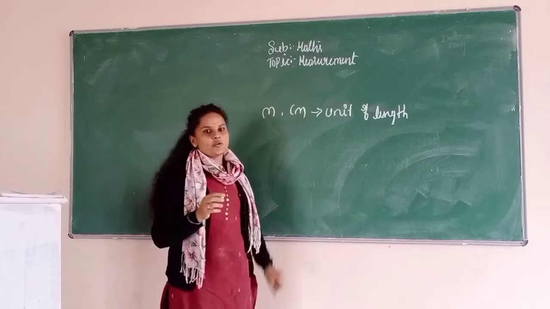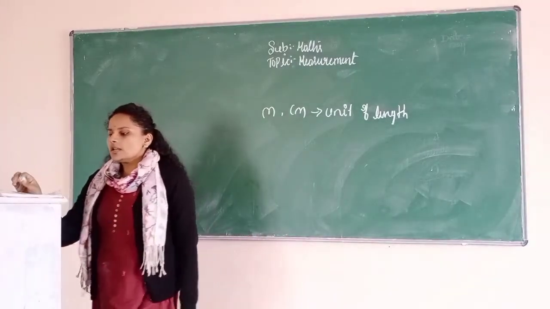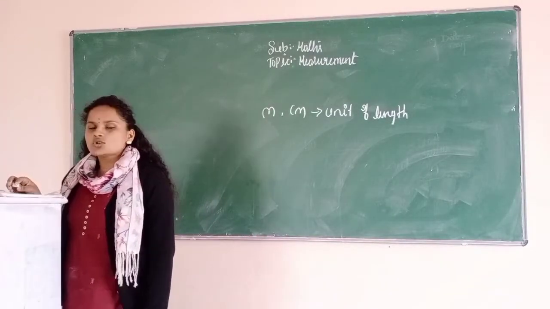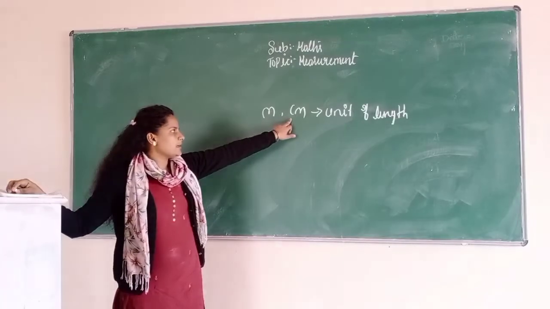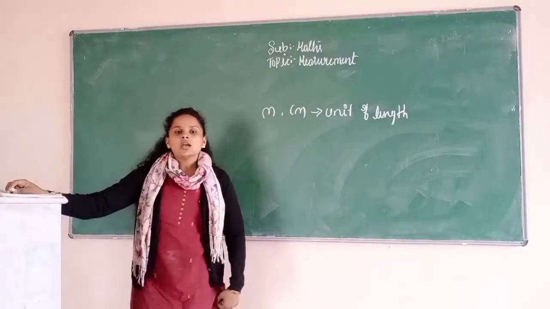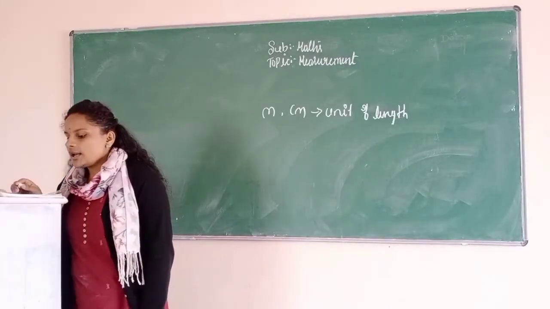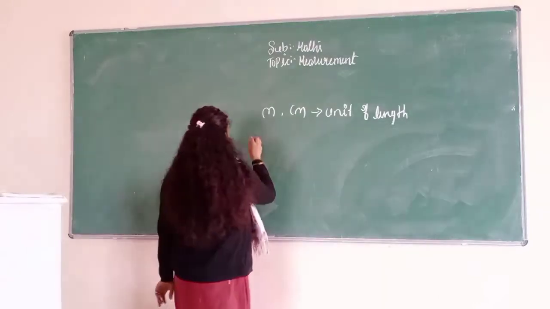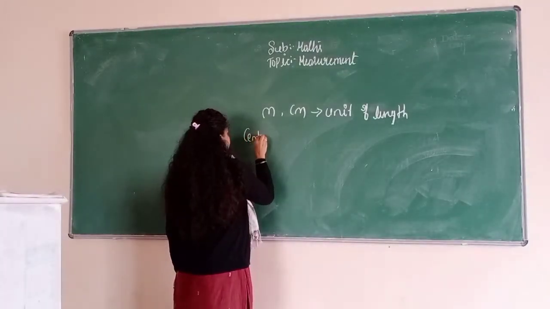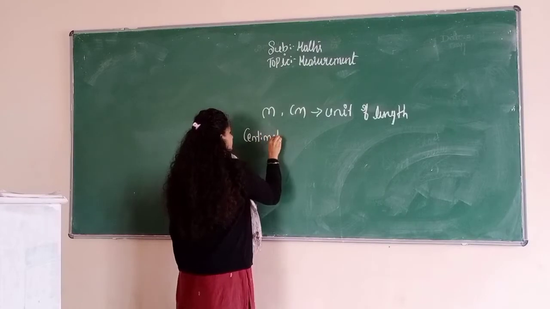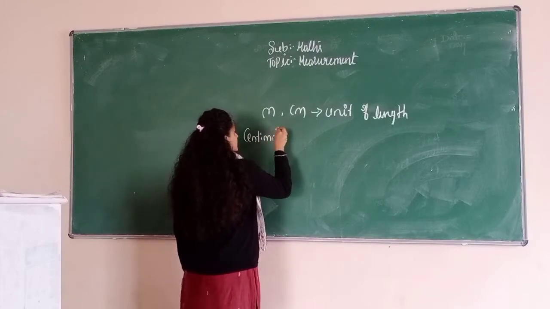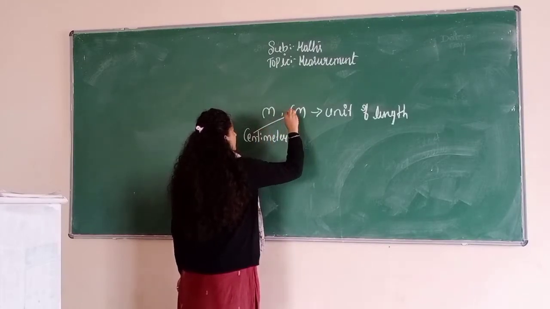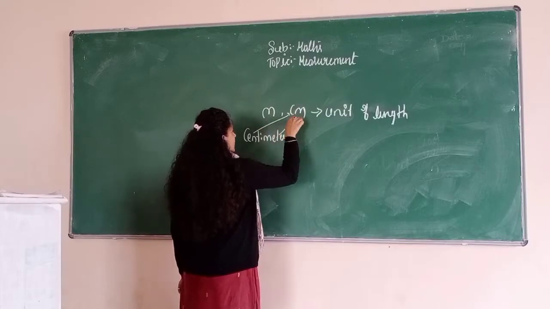Let us learn about the centimeter. Centimeter is used to measure the shorter length. C stands for centi, M stands for meter.